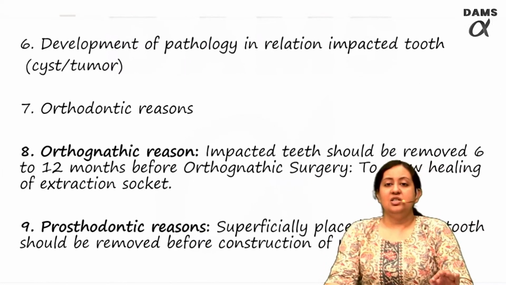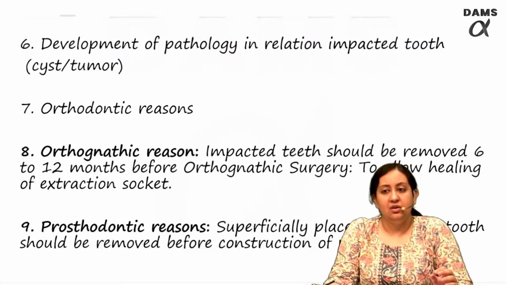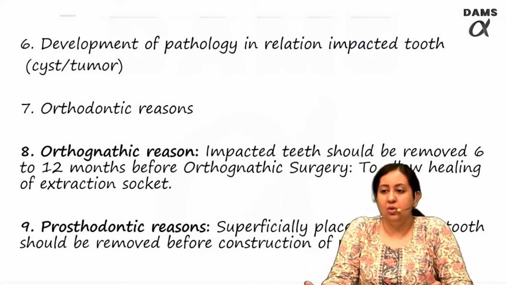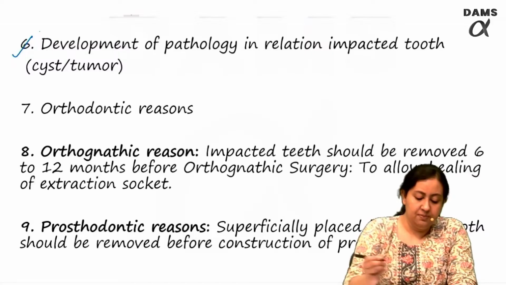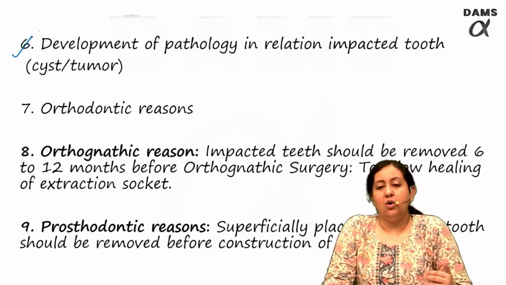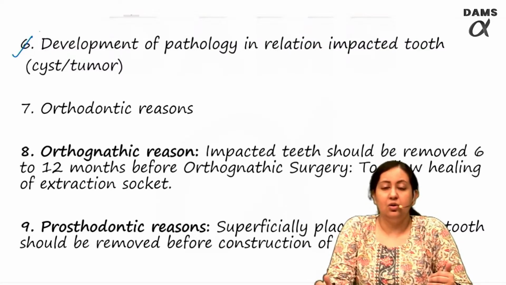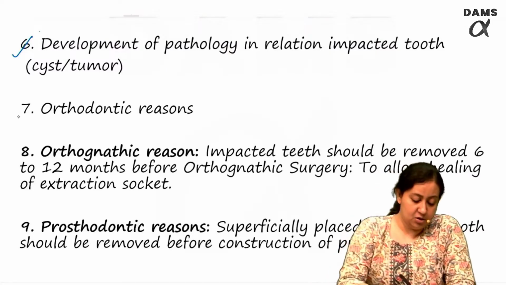The next indication is development of pathology in relation to the impacted tooth. If there is a dentigerous cyst or a tumor developing in relation to the impacted tooth, you have to remove the pathology as well as the impacted tooth. Orthodontic reasons. If the patient's orthodontist wants removal of impacted tooth for tooth movements or due to space issues, then also you have to remove the impacted tooth.